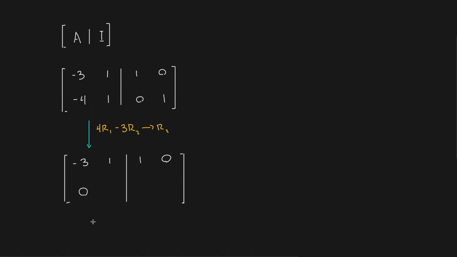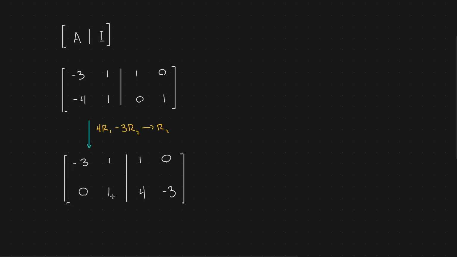I do get 0, which is good. 4 times 1 minus 3 times 1 is just 1. 4 times 1 plus minus 3 times 0 is 4. 4 times 0 minus 3 times 1 is -3. Okay? So we've started to get that stair-step pattern.